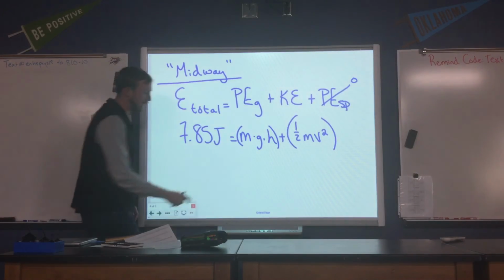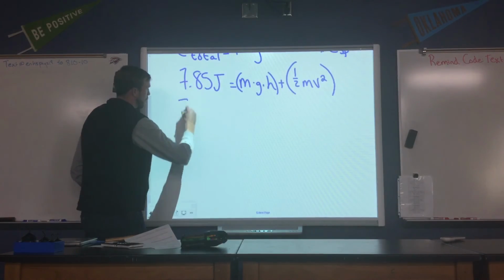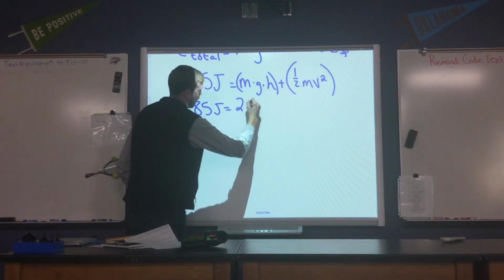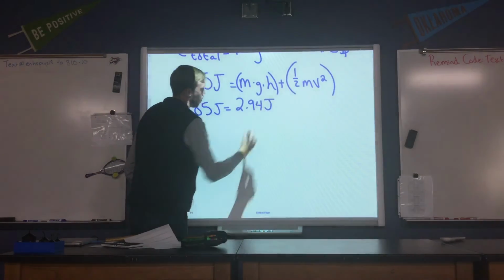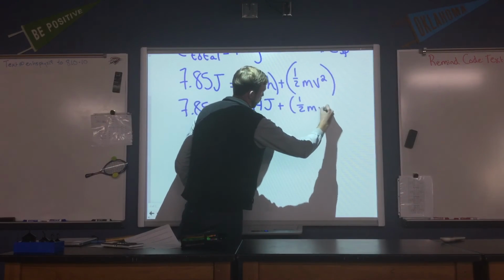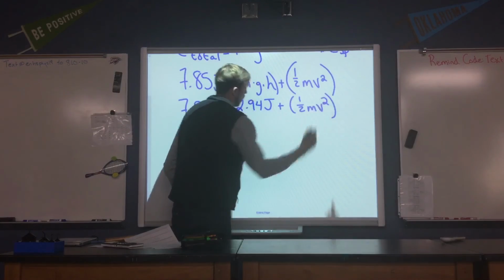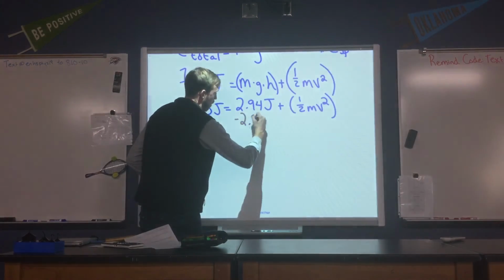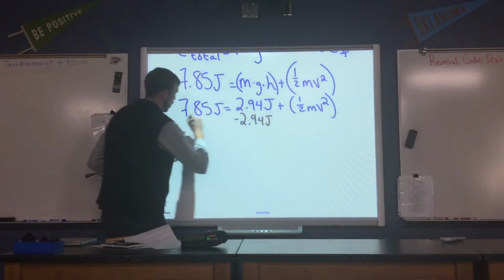So now I'll bring that value back. I know the total amount of energy, 7.85 joules. I now know how much of that energy is gravitational potential energy, 2.94 joules, plus 1/2 mv squared. Now I can subtract the amount of energy that we solved for a moment ago, the gravitational potential, 2.94 joules.